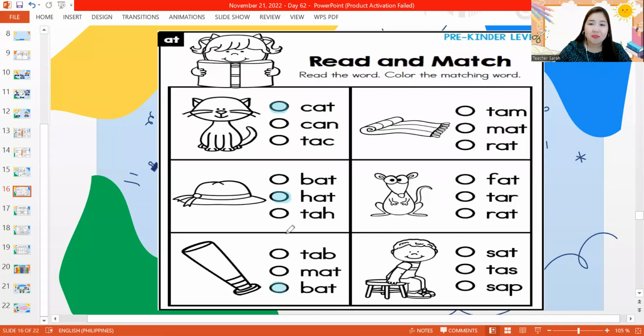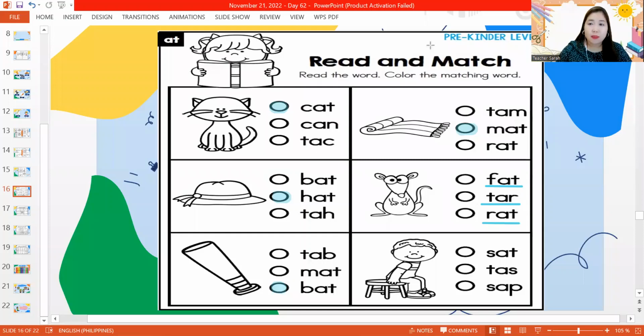Good job. Next one, we have a tam, mat, and a rat. And our picture is a picture of a mat. Good job. Next one, we have fat, tar, and rat.